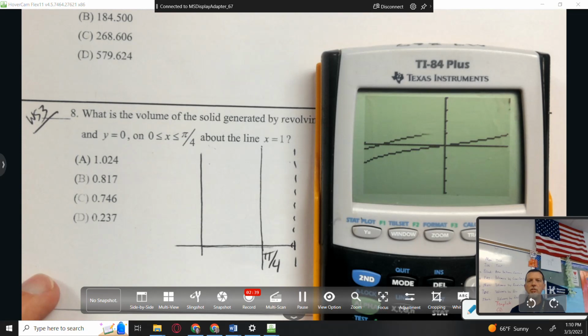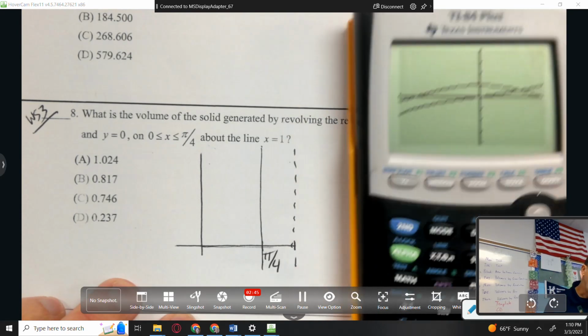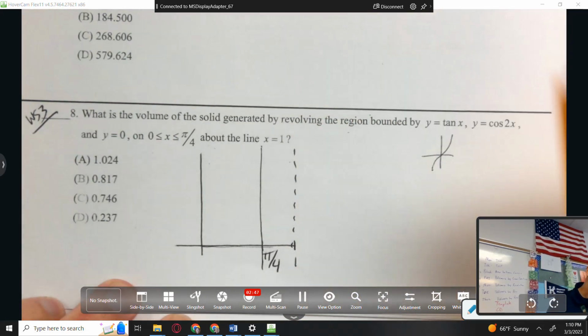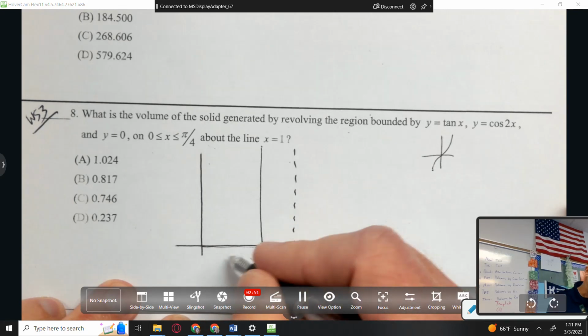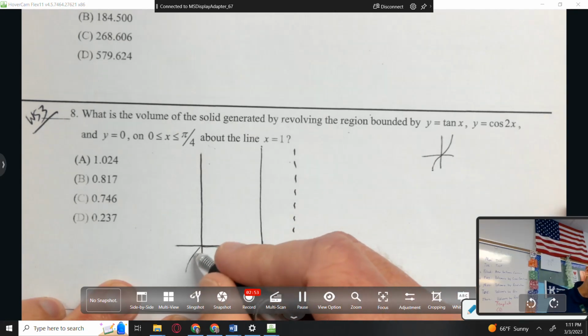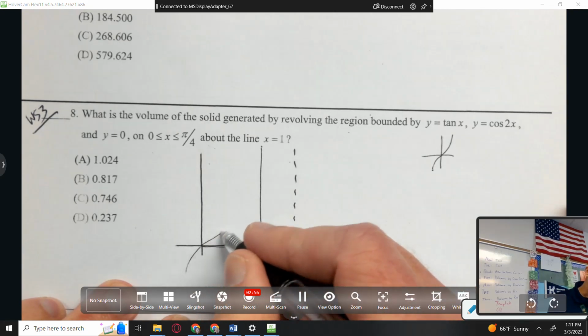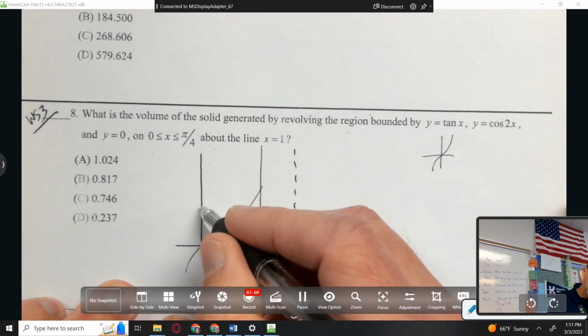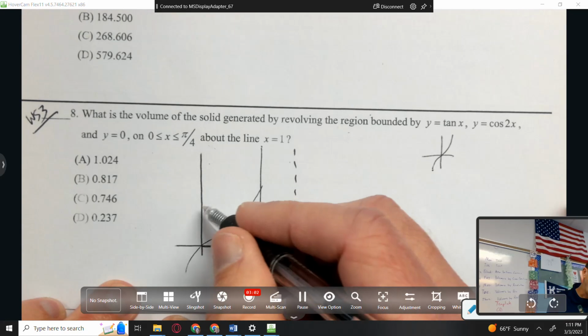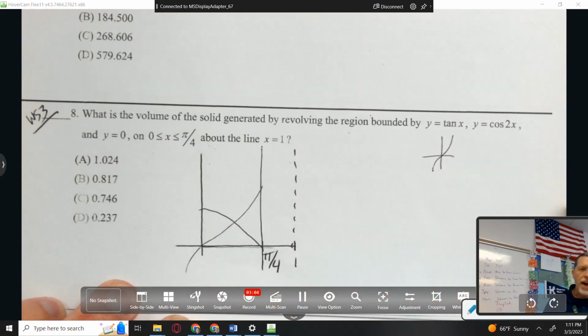So that was tangent. There's cosine. So somewhere in there they intersect. Tangent does that. Cosine is doing that.